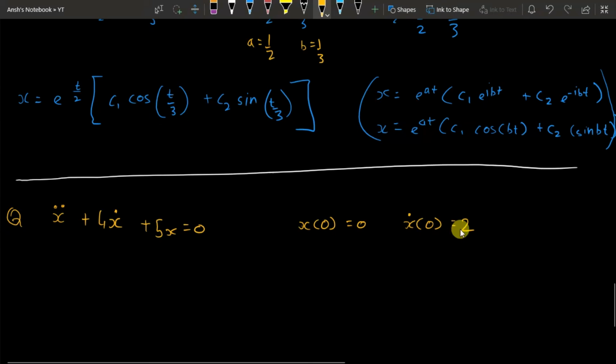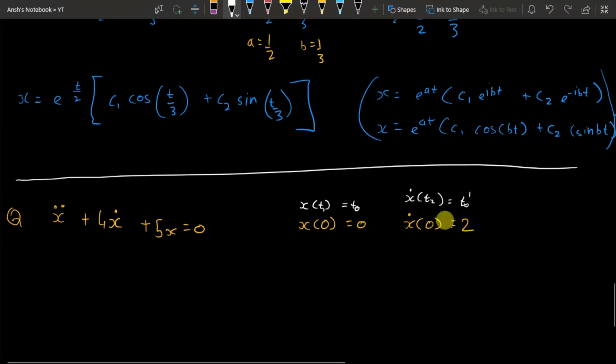So just for reference, we'll also write down the general form of the initial conditions. They're given as x of t naught, let's say, and then x dot of t1, which is equal to t naught dash.